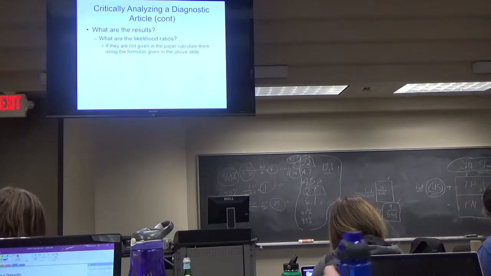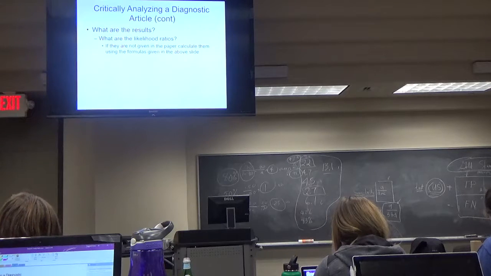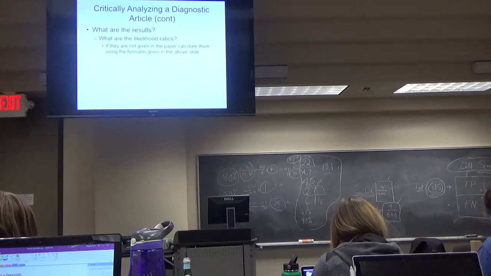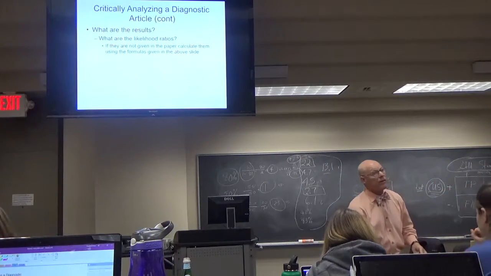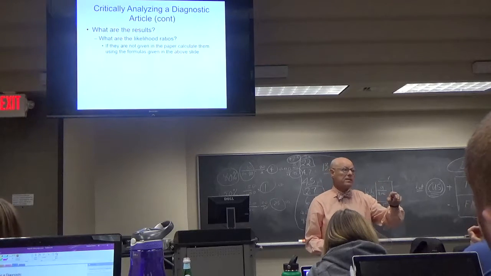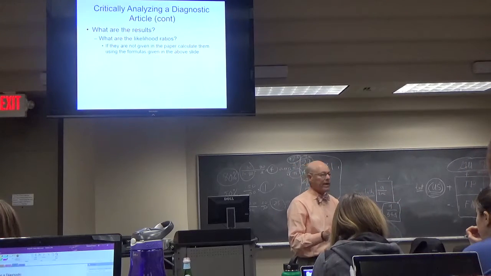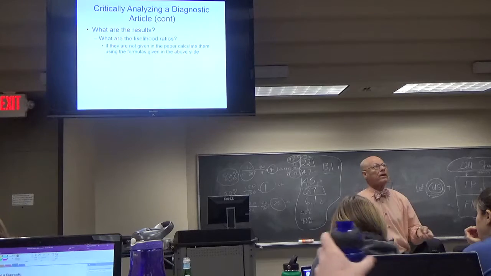They should have calculated it for me, because people who do this kind of work now know that sensitivity and specificity aren't good enough. Go ahead and calculate the LRs, and they should be listed. If they aren't, but they do have sensitivities and specificities, you can calculate it easily with the calculator on your iPhone.